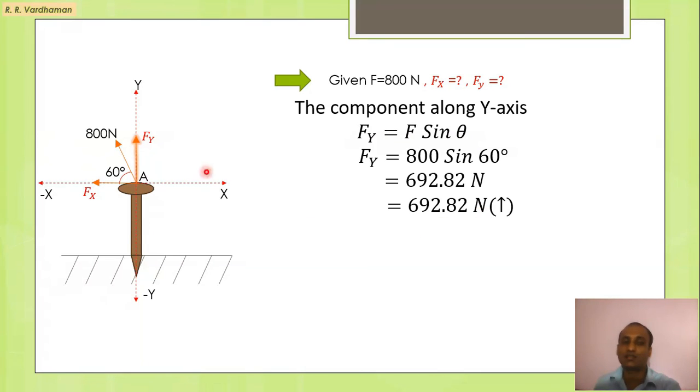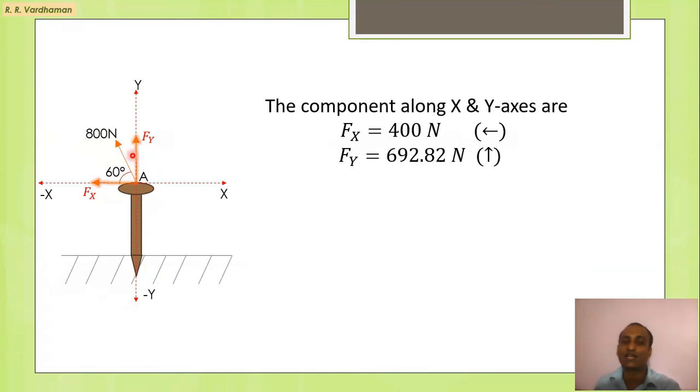Now next we have to calculate the component Fy, and Fy is nothing but F sin theta. We can put the values, that is 800 sin 60, and we will get the answer as 692.82 Newton. And we can show the direction of this force, it is in upward direction. As we know, we have calculated Fx and Fy, both the components of this 800 Newton force, and shown over here with the direction.